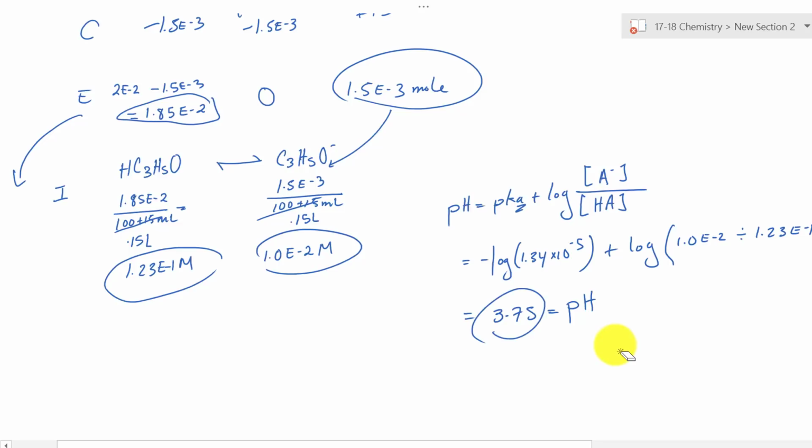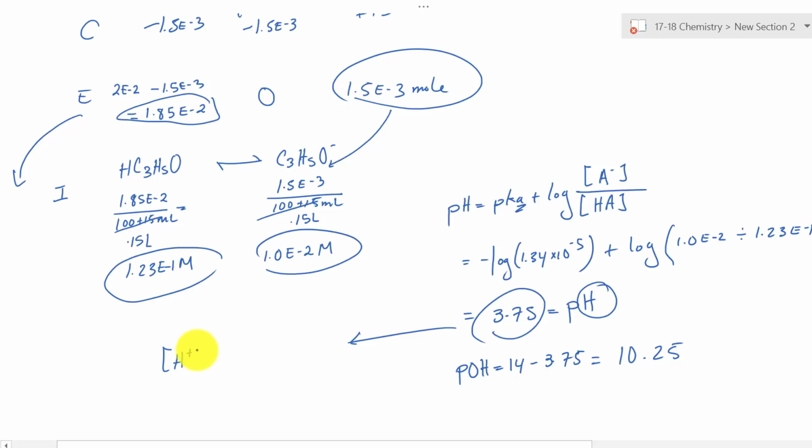And what if I want to solve for pOH? Of course, pOH would be 14 minus 3.75. And that would give us 10.25. Now, what if I want to solve for the concentration of H plus right here? Well, same thing again.